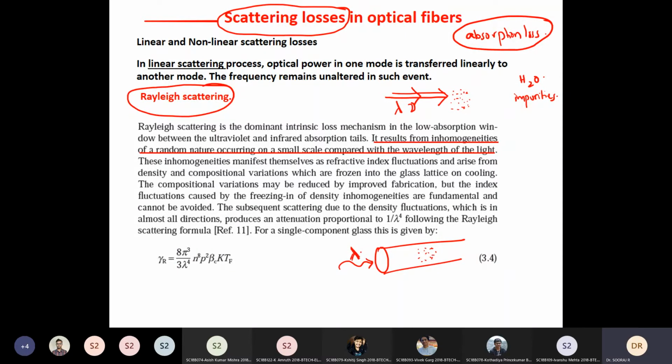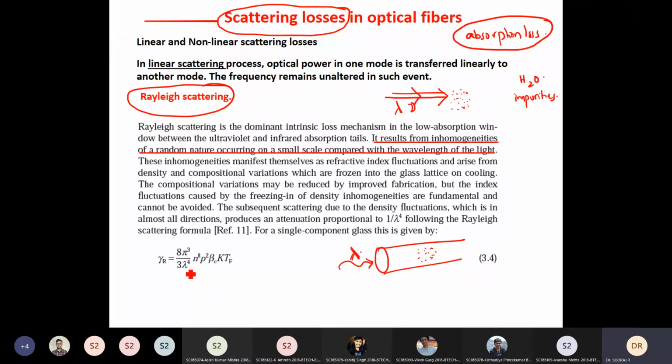This Rayleigh scattering is a linear scattering process because the frequency of the scattered light is the same as the frequency of the incident light. It turns out that the Rayleigh scattering loss is always proportional to the inverse of the fourth power of the wavelength.